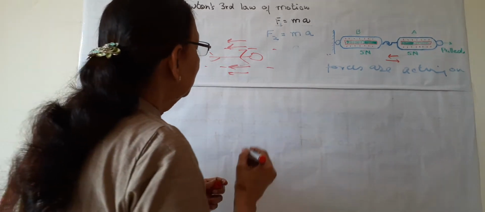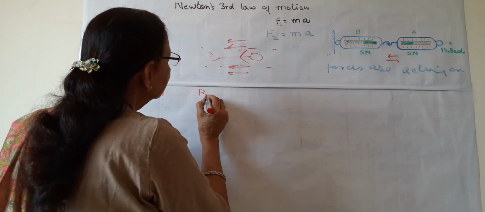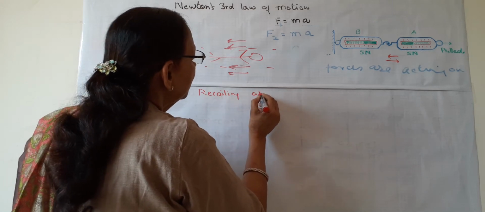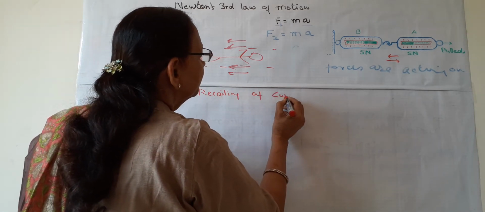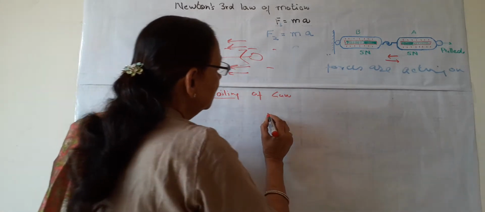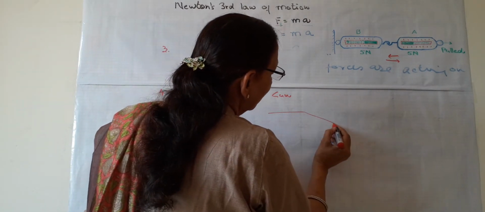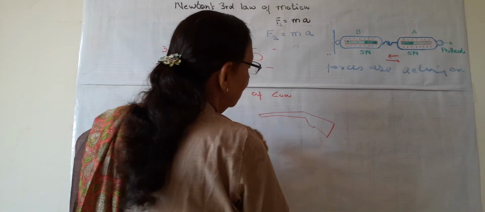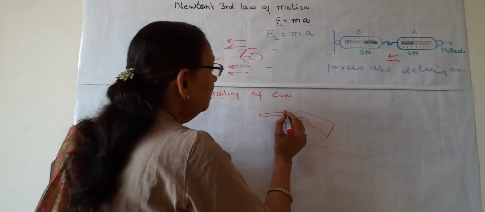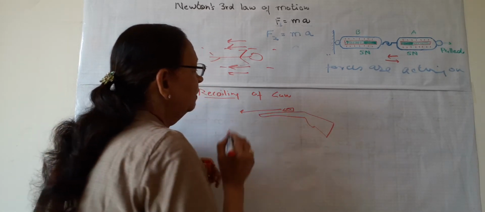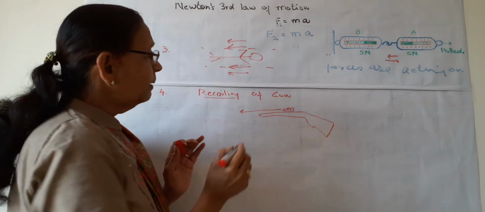And this example is sometimes asked in exams, and it is known as recoiling of a gun. You know what recoiling is? Suppose I cannot draw a good gun, suppose this is a gun. When a bullet is fired from this gun, what happens?